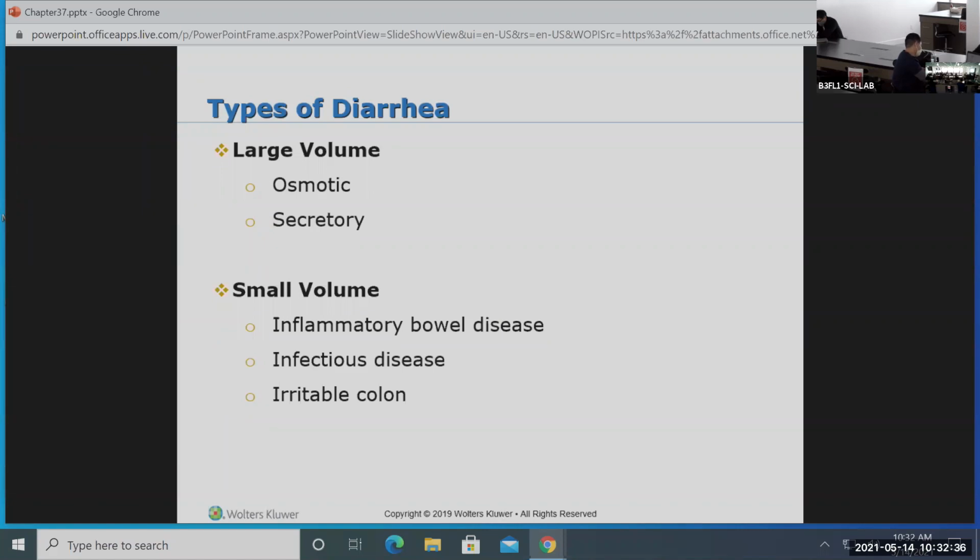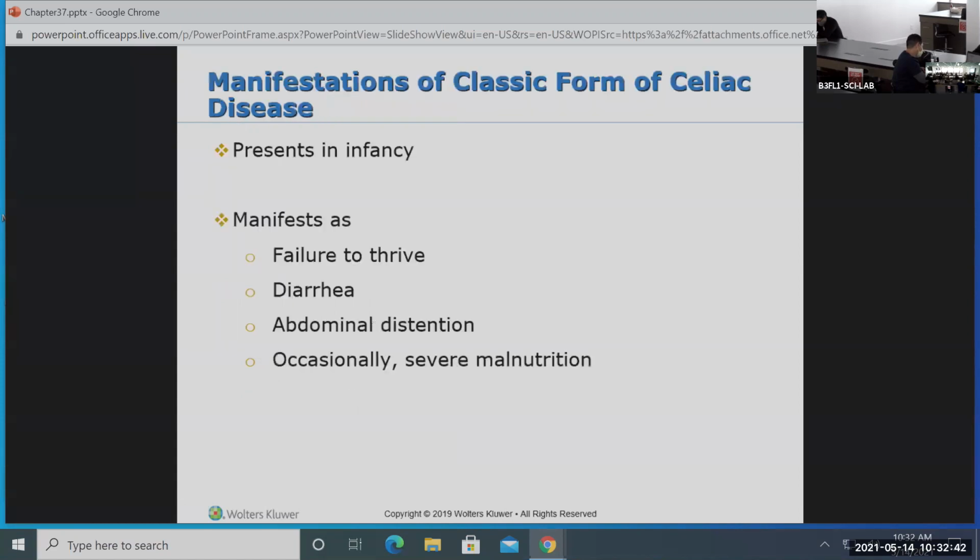We have types of diarrhea, the large volume diarrhea, small volume diarrhea. Now, manifestation of the classic form of celiac disease. Celiac disease, now we call it, please remember, make a note, gluten enteropathy.